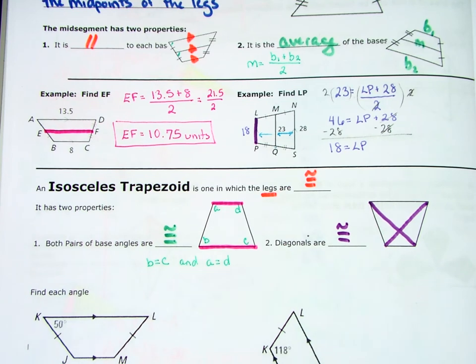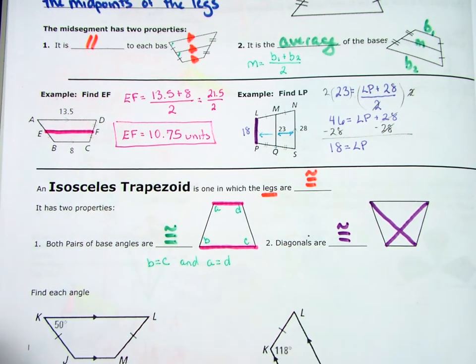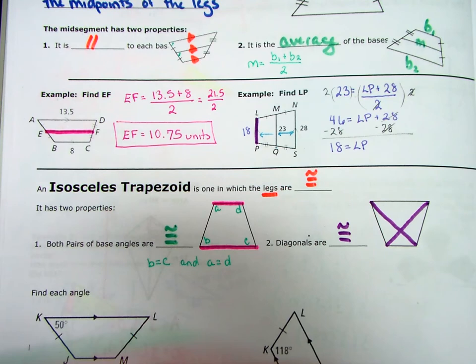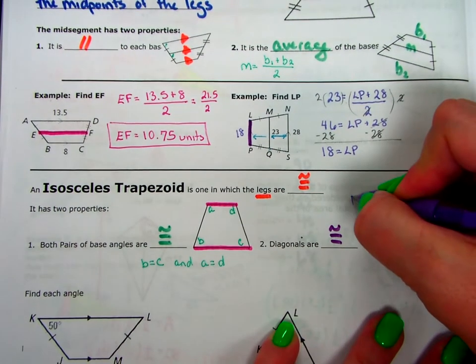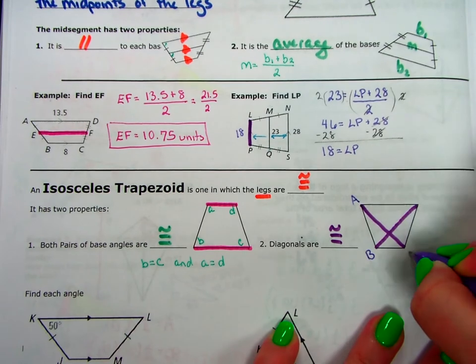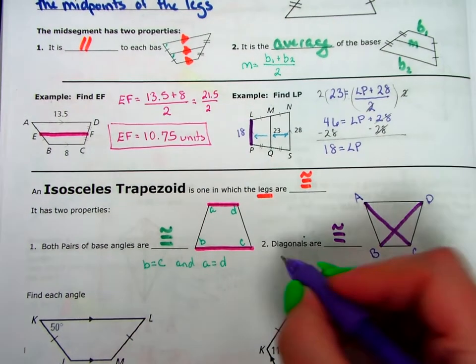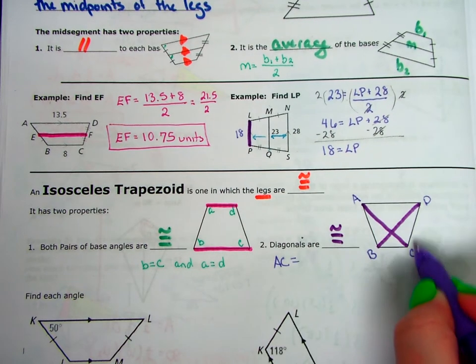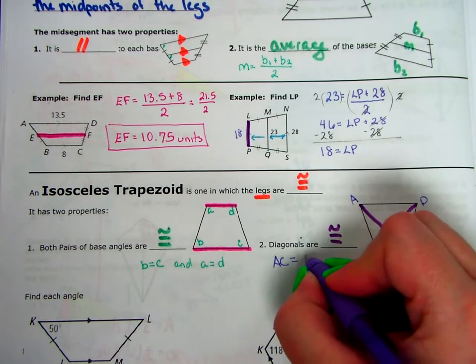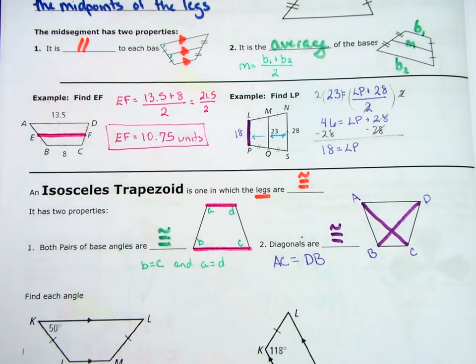The only difference is in a rectangle they're bisected, and here they are clearly not bisected. Okay? So on this one, if I were to label my corners as A, B, C, and D, the distance from A to C would equal the distance from D to B.